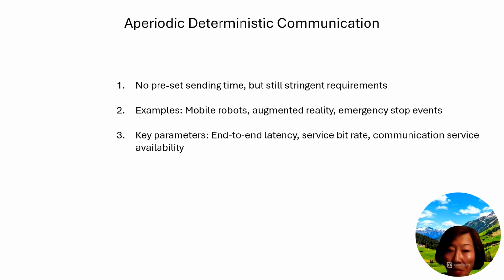To support aperiodic traffic with very low latency, 5G systems employ several techniques. One is the use of configured grant transmissions, where resources are pre-configured for a device to use when needed, without the delay of a scheduling request and grant procedure.